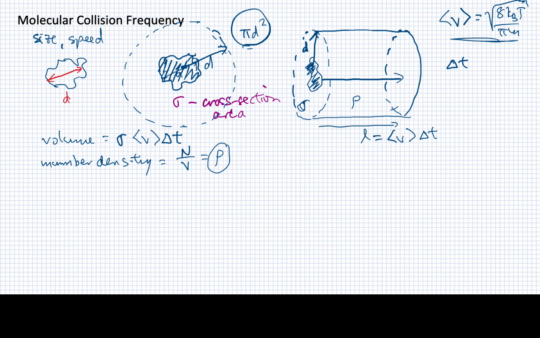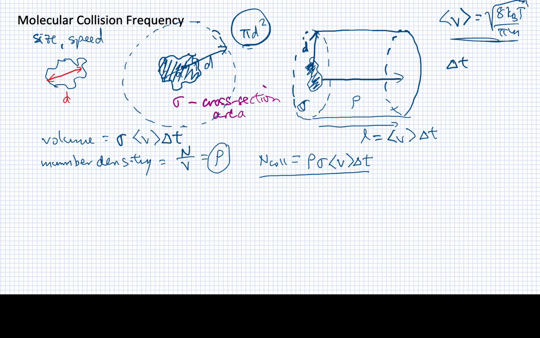So now I can say that the number of collisions that I'm going to undertake in this case is going to be rho times sigma times the average velocity times this change in time, delta t. All right, so we're getting closer now to understanding how many collisions this molecule can undergo. And in fact, we are almost to where we need to be.